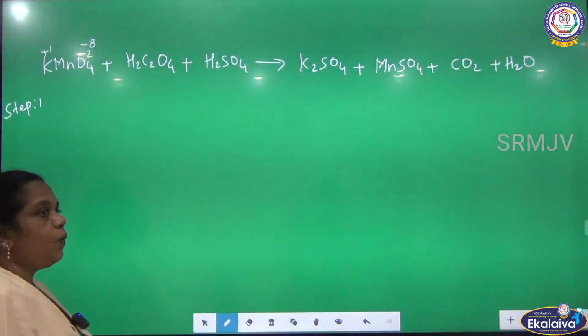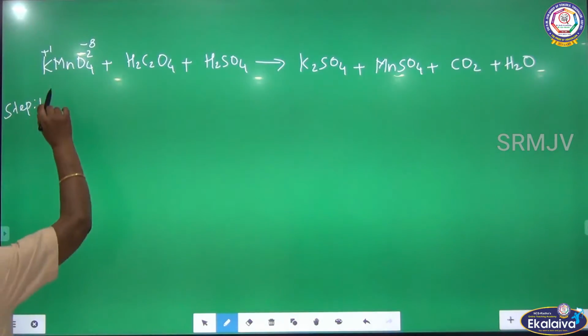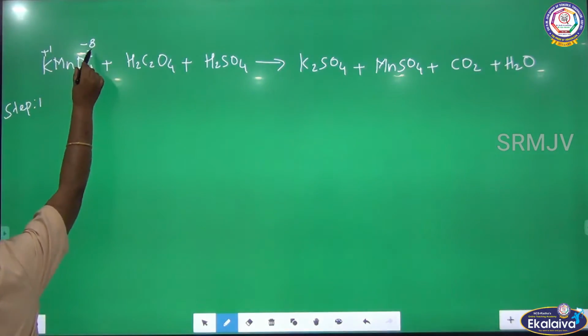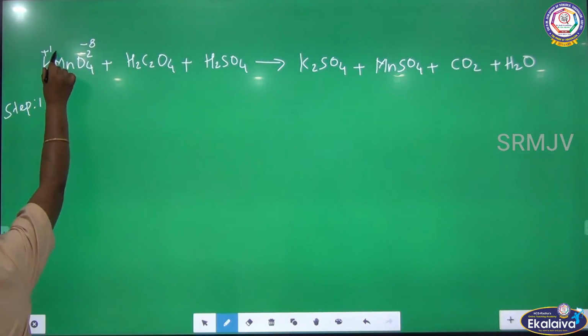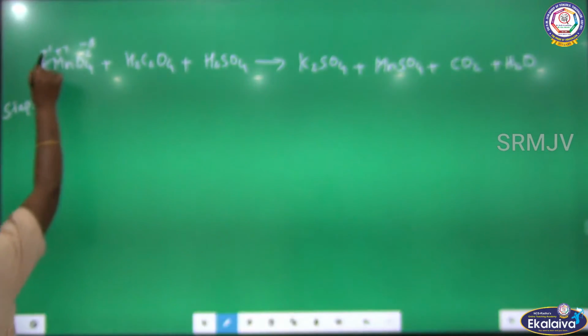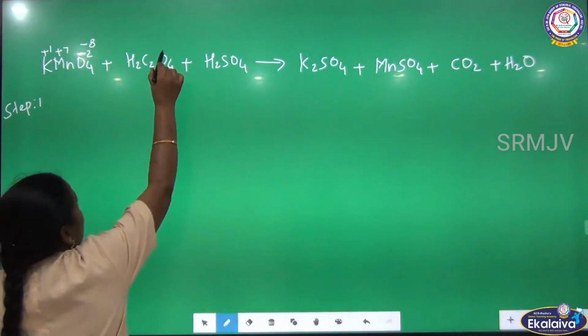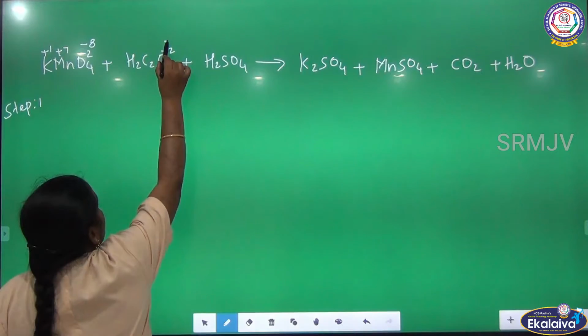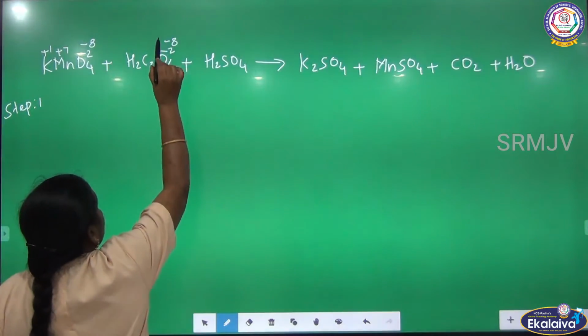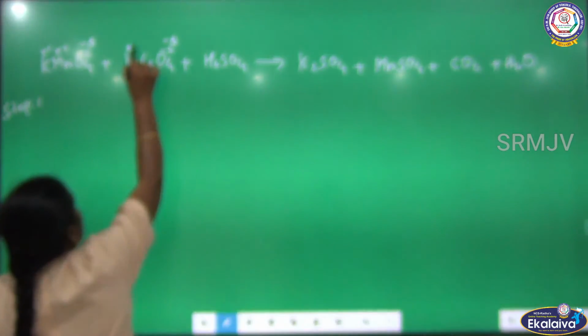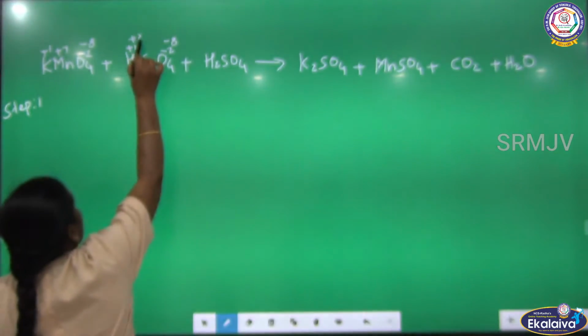So you have to equalize the oxidation number. So now -8 plus 1, this becomes +7. +7 plus 1 is +8, -8. Now next, oxygen -2 for this compound, -8. Hydrogen +1 for this compound, +2.